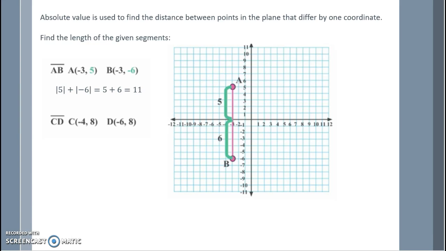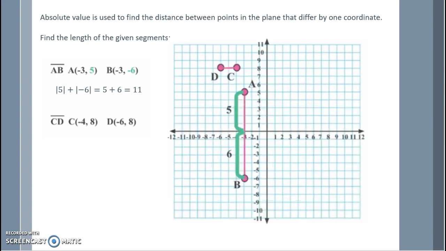So it takes 5 units to get from A to the x-axis, and then from the x-axis to B is 6 units. So the absolute value of 5 plus the absolute value of -6 is 5 plus 6, which is 11 units.